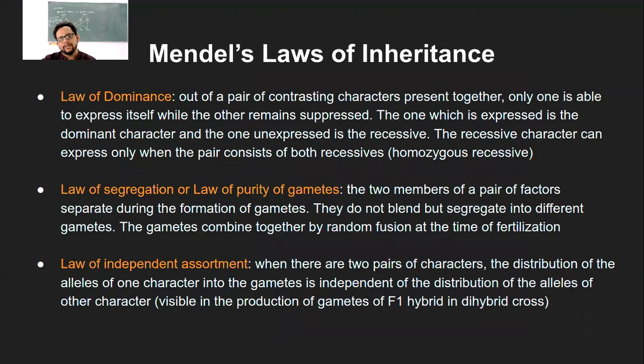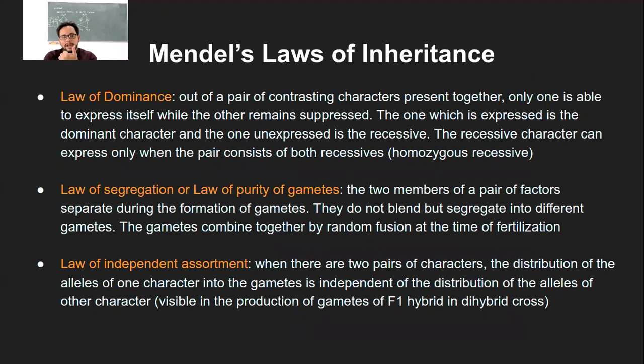Okay, let me just finish this part of Mendel's laws of inheritance. Now, looking at those monohybrid and dihybrid crosses, whatever Mendel did, he ultimately led to certain postulates which became laws. Those laws are known as Mendel's laws of inheritance. Now, these are the three specific laws.